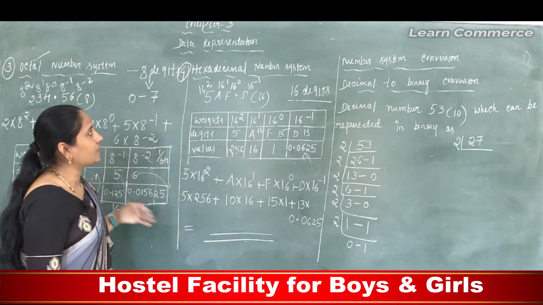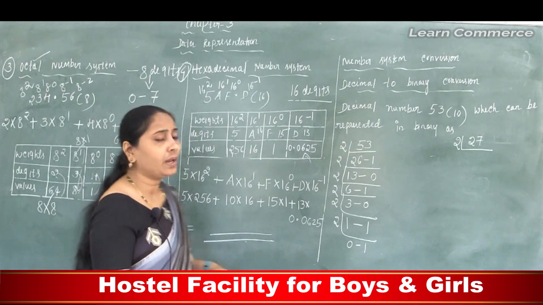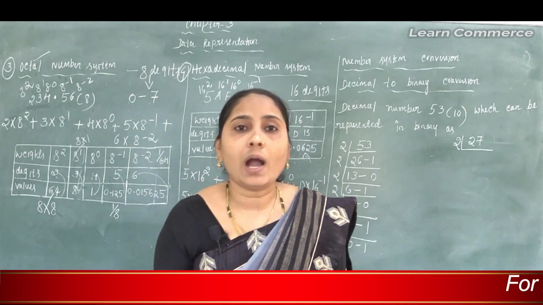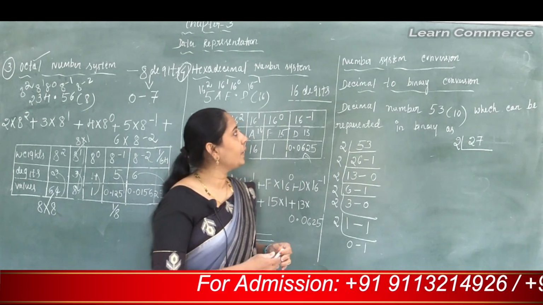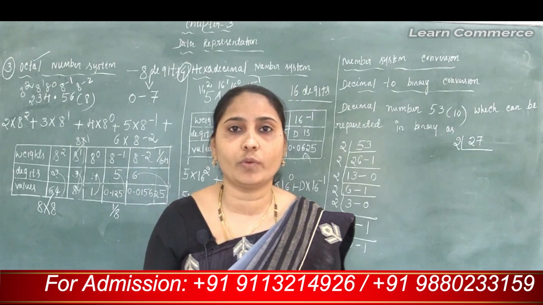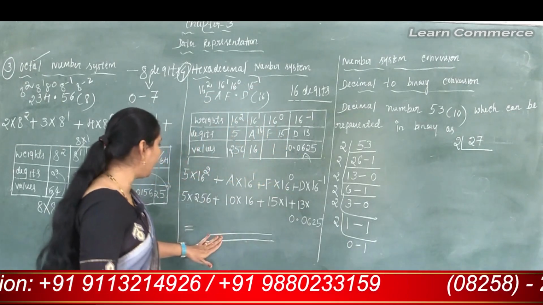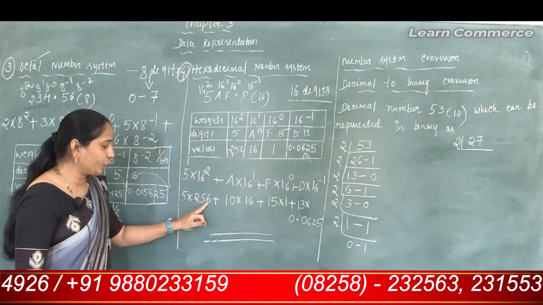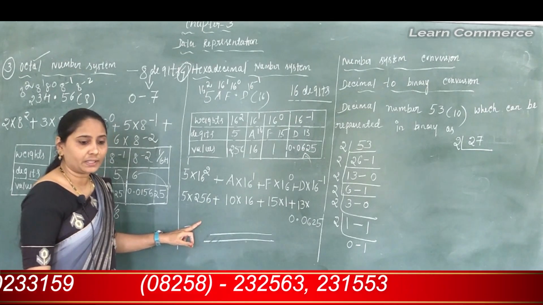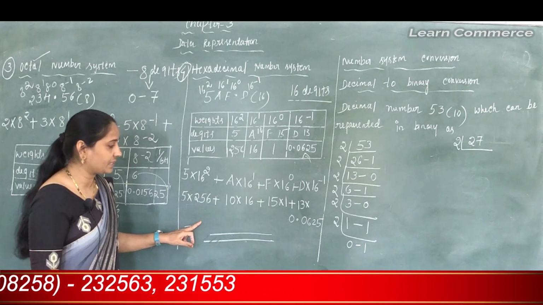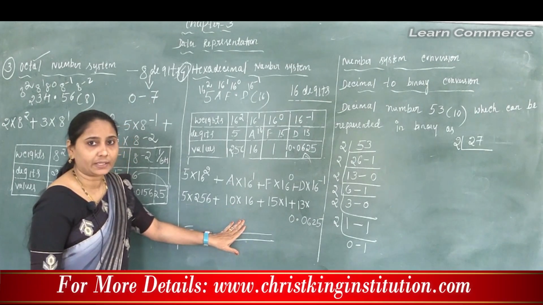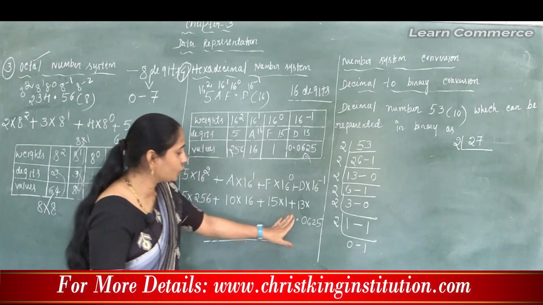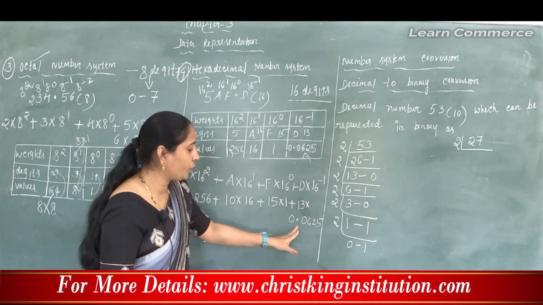So this is called an example of the hexadecimal number system. Now after completing the hexadecimal number system, let's move to some important number system conversions. So 5 into 256 gives a value here, correct? Then 10 into 16 gives a value, 15 into 1, 13 into 0.0625.